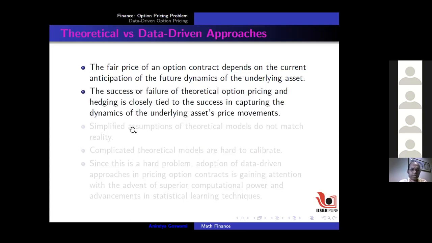Here I am trying to say that the success or failure of theoretical option pricing and hedging is closely tied to the success in capturing the dynamics of the underlying asset. Simplified assumptions like Black, Scholes, Merton give very nice mathematically tractable formulas for options. However, those are a little less useful because the assumption is too simple.